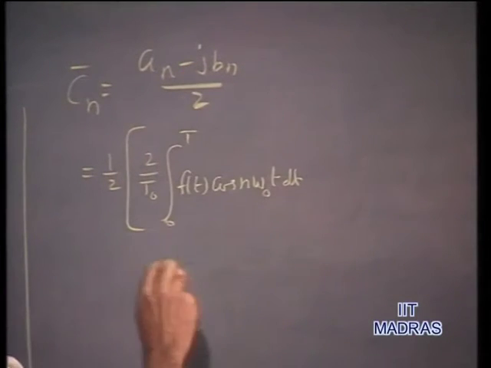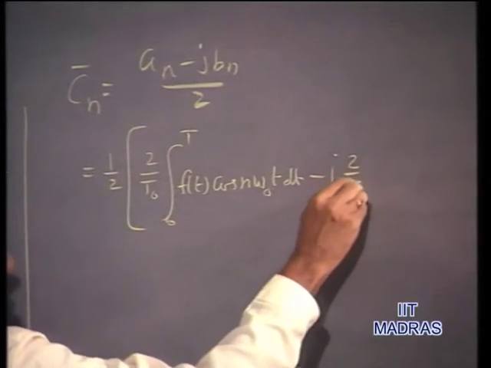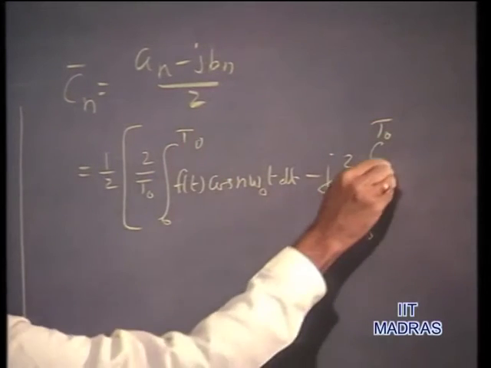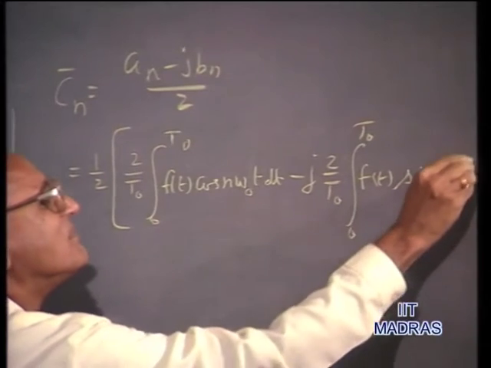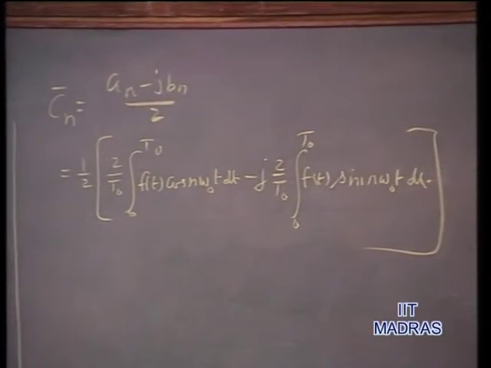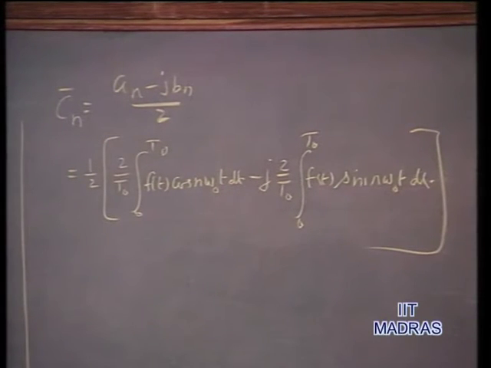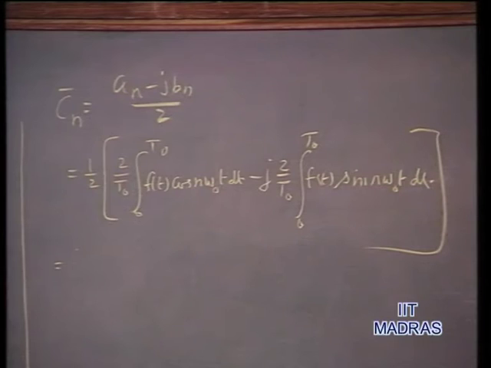And for Bn, I can write 2 upon T naught, integral of f of t sin n omega naught t dt. This j term comes from here. This half, of course, is substituted here. Now these two integrals can be combined. First of all, I can take the 2 by T naught term outside.